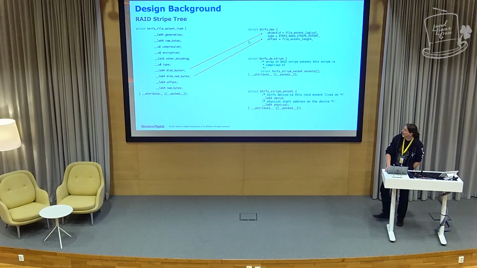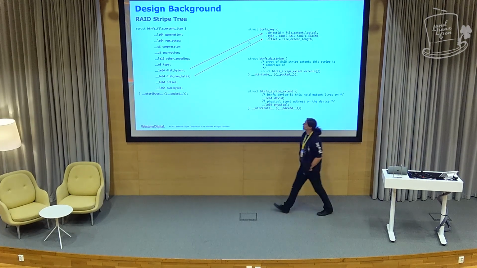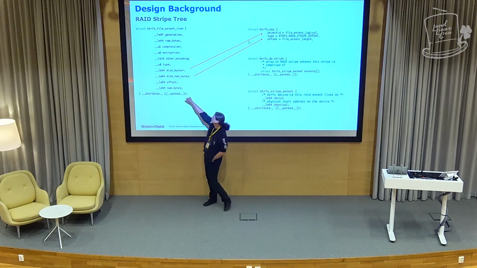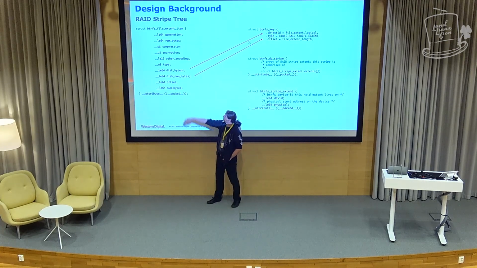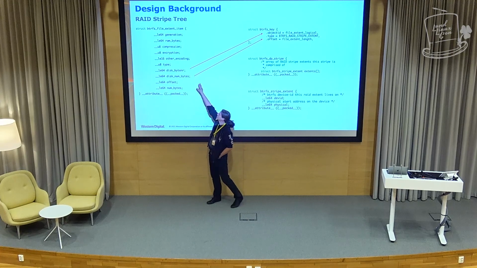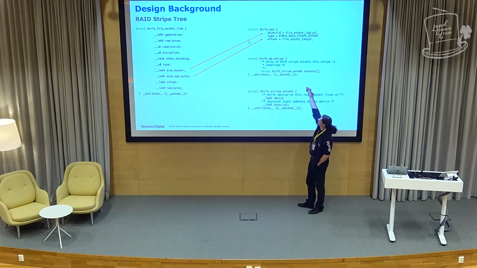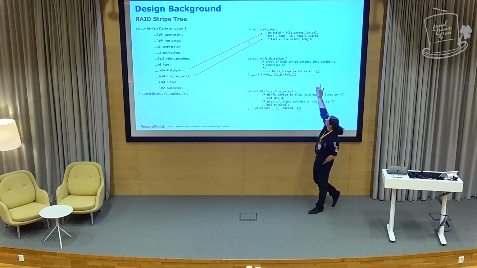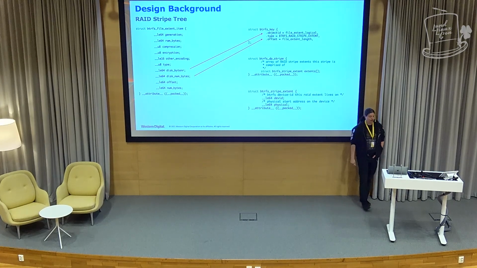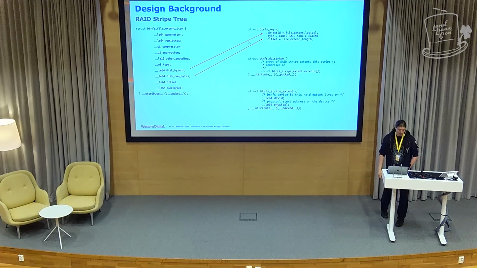So firstly, on this side we have the BTRFS file extent item, and the disk byte number and disk num bytes will map to the key for the B-tree, being the object type, object ID being the disk byte number, and the offset in the key being the size of the extent.